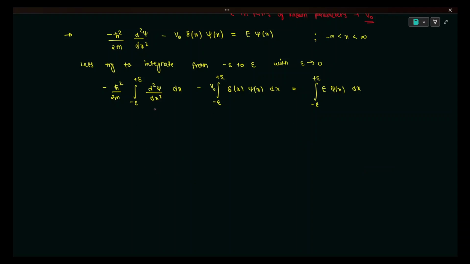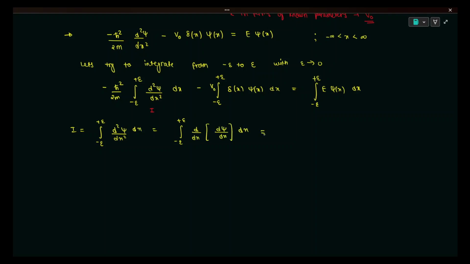So let me first calculate this. Let me call this the first integral. This first integral is nothing but the integral from minus epsilon to plus epsilon of d squared psi by dx squared dx. So this I can also write in the form of d by dx of d psi by dx.